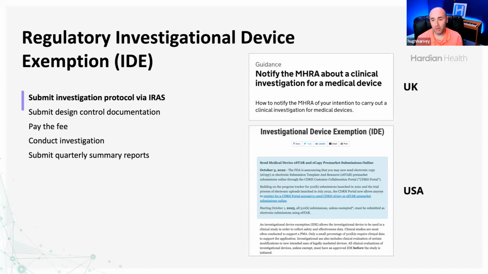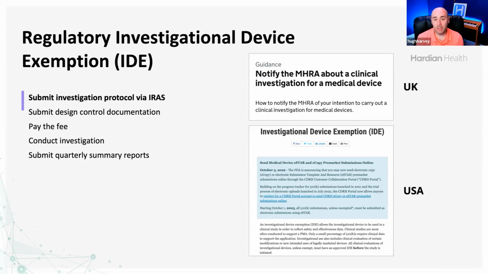You also need to submit all of your documentation, including some of the technical documentation that was covered in our regulatory webinar. So the MHRA will not approve an investigational device exemption unless they can see that you have done your software development lifecycle documentation to the right standards. There are fees. The MHRA have upped their fees this year. It can be a few £1,000s for each device.